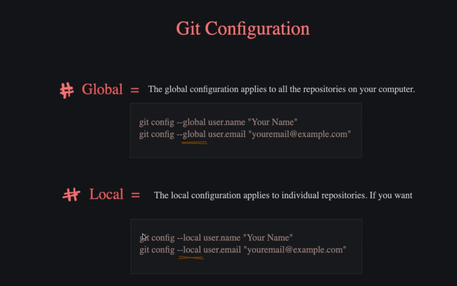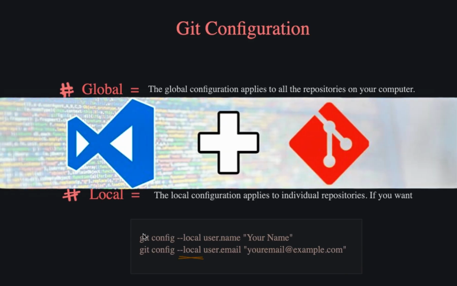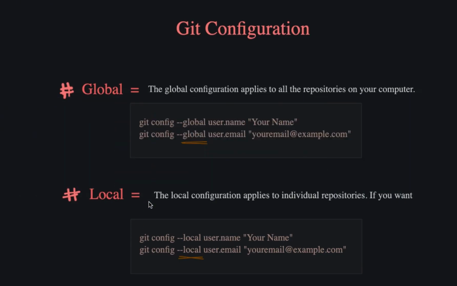Now we will learn that in practice, and I will show you how to set up your name and email on your computer, as well as how to configure the editor. In my case it is VS Code, and yours may be Sublime Text or another editor, so Git will know this editor and work with it.